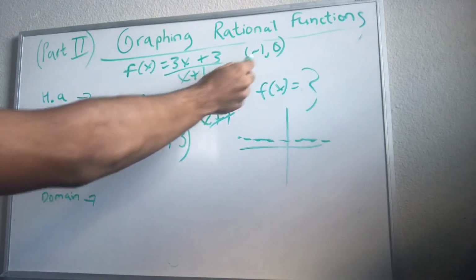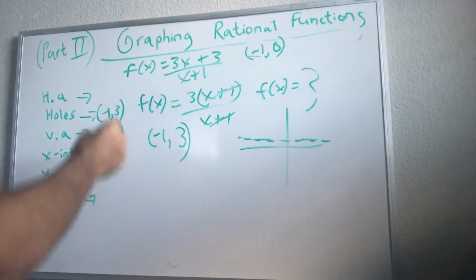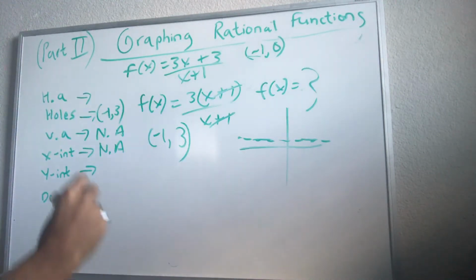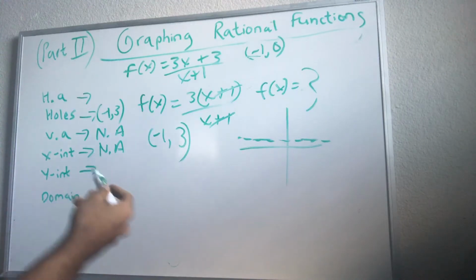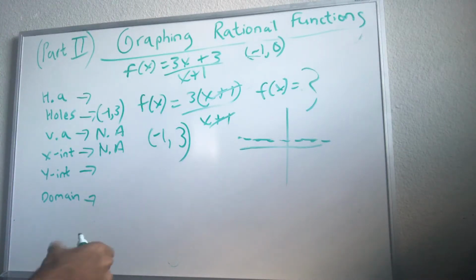So you really should not look at the x coordinate and make that assumption that -1, 0 is your x-intercept, because you have -1 in common here with the hole. Just by observation, you will see as you practice more problems that the hole will always be the dominating factor.